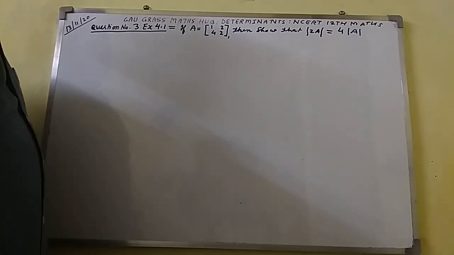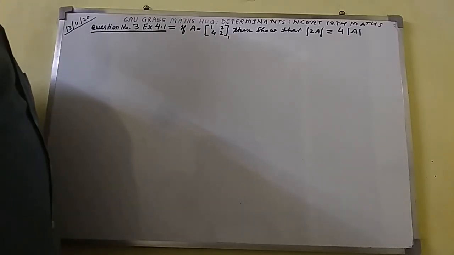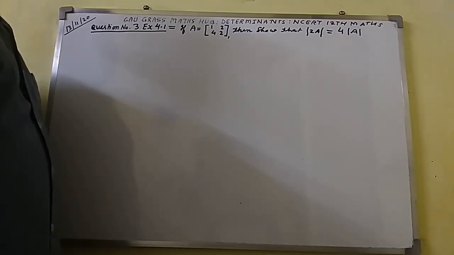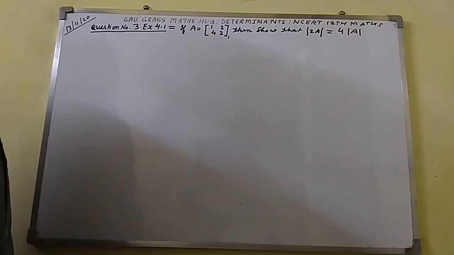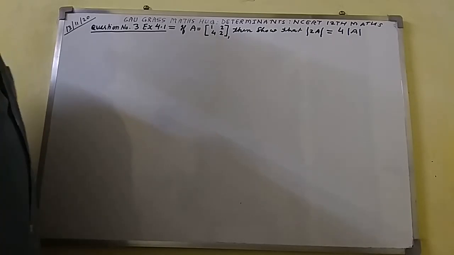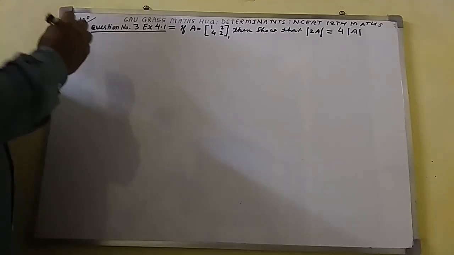If the matrix A equals the square bracket with first row 1, 2 and second row 4, 2, then show that the determinant of 2A equals 4 times the determinant of A. Now let us come to the solution. Here I shall write solution.